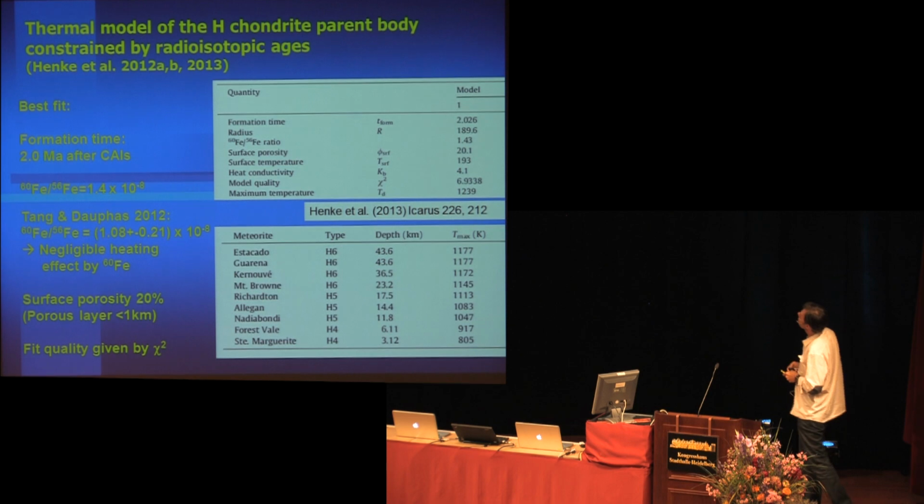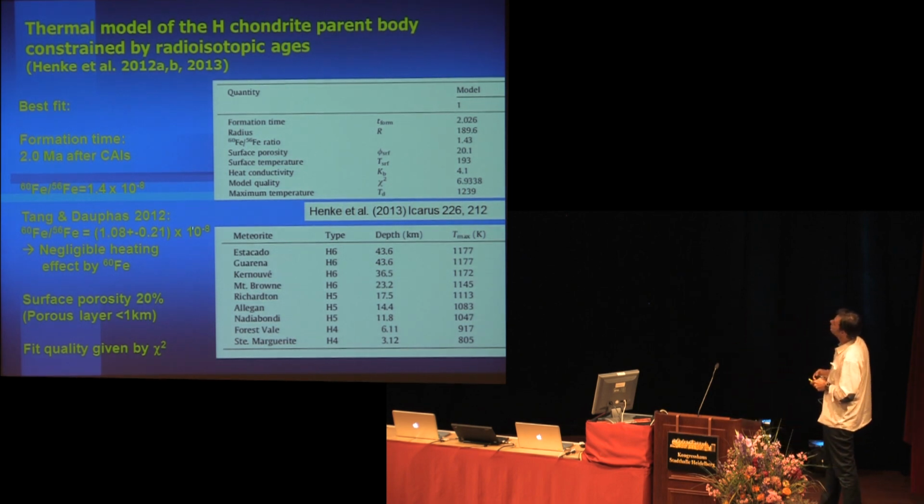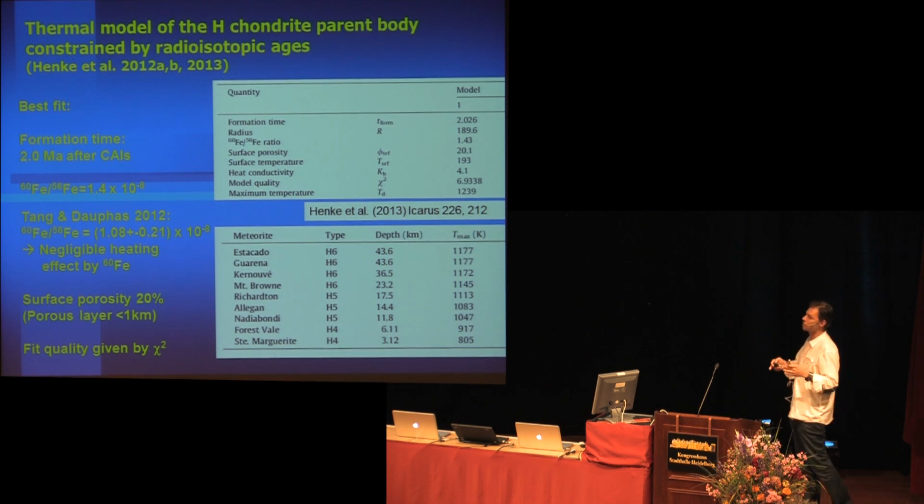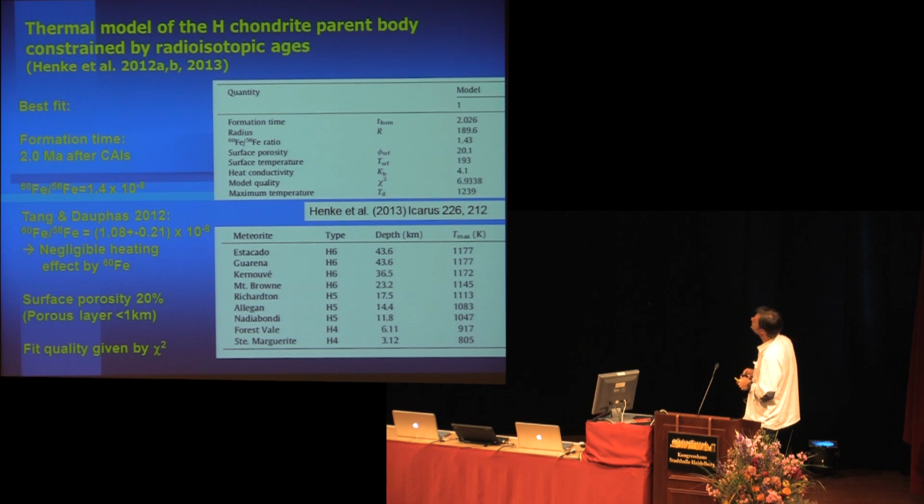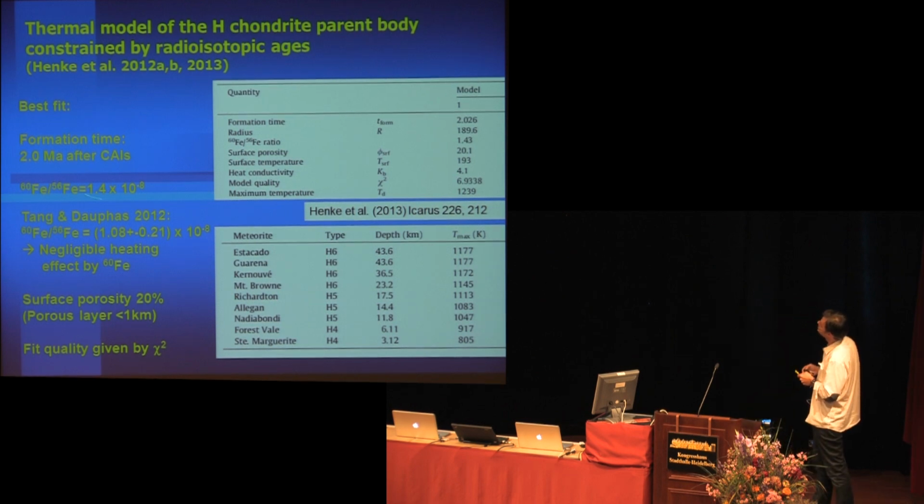So the results of such a fit are, for example, that the formation time of such a parent body is 2 million years after CAIs to provide the appropriate amount of aluminum-26. The iron-60/iron-56 ratio was modeled to be 1.4 times 10 to the minus 8. And this agrees with recent measurements by Tang and Dauphas, who obtained or argued for an initial iron-60/iron-56 ratio of 1.1.